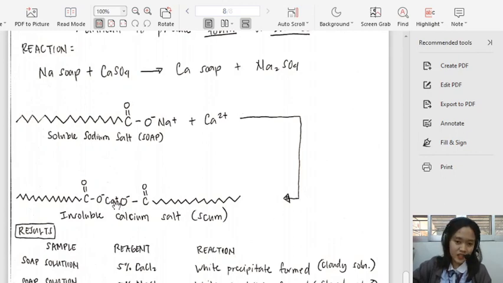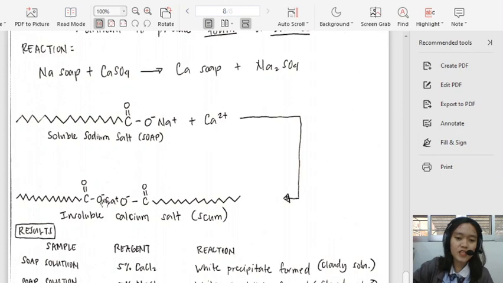Ito ang nangyayari. So, yung cation, papalitan niya yung Na. Yung cation will be connecting to another fatty acid. Okay? So, hindi katulad doon sa Na na nag-stay siya, no, unconnected. Your calcium will connect with other fatty acids.